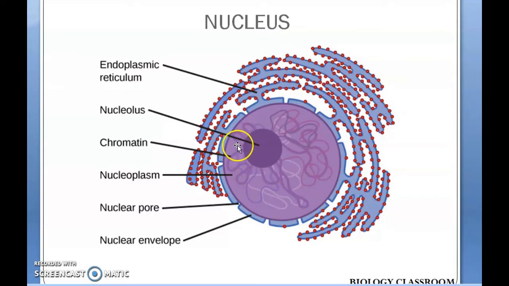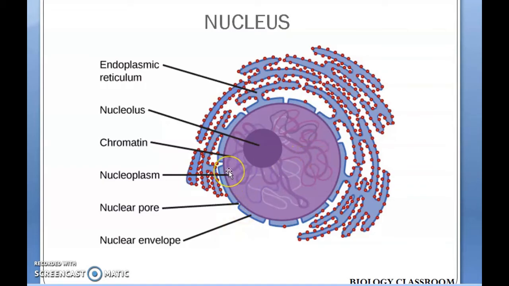The nucleus is surrounded by a double layered membrane which is called the nuclear membrane or nuclear envelope, and it acts as a barrier and separates the cytoplasm of the cell from the nuclear content.